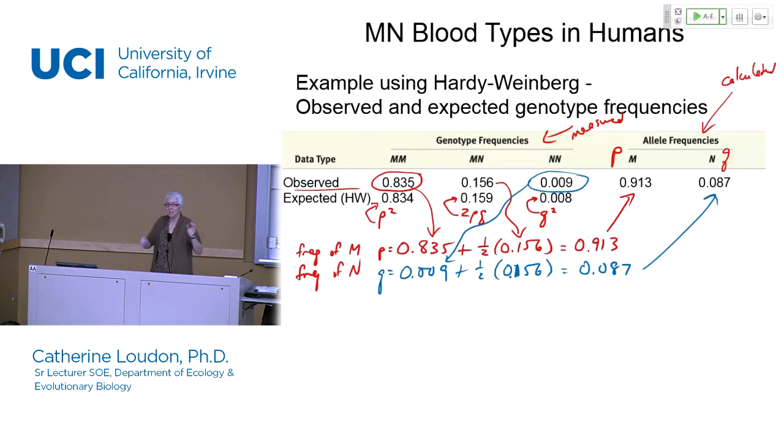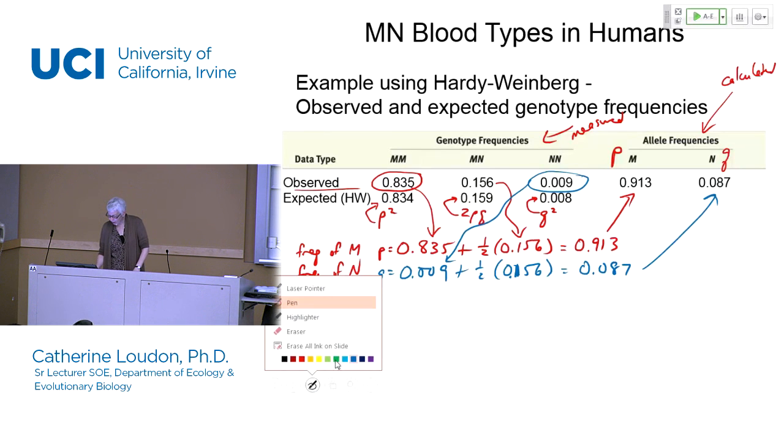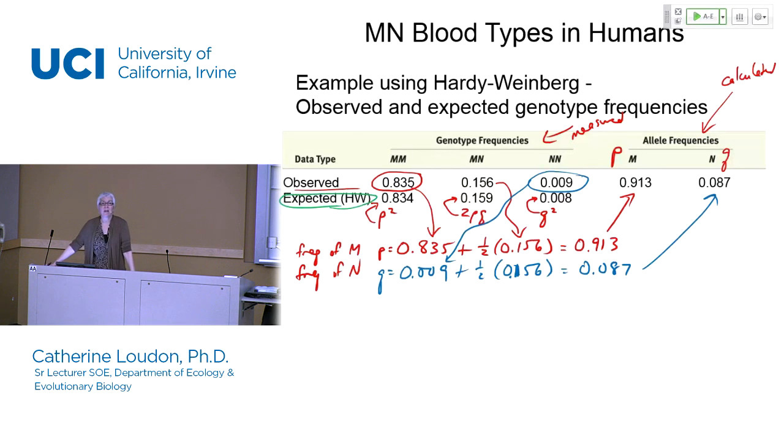They're just statements of fact about the data. This is completely different from this next line right here: the frequencies that are expected if we assume Hardy-Weinberg is true. That is a hypothetical predicted frequency based on certain assumptions, the assumptions of Hardy-Weinberg, right?